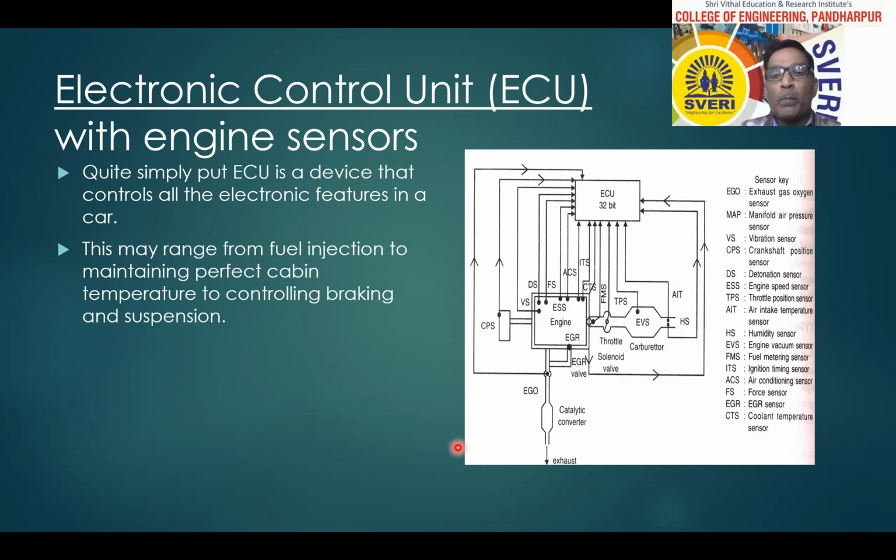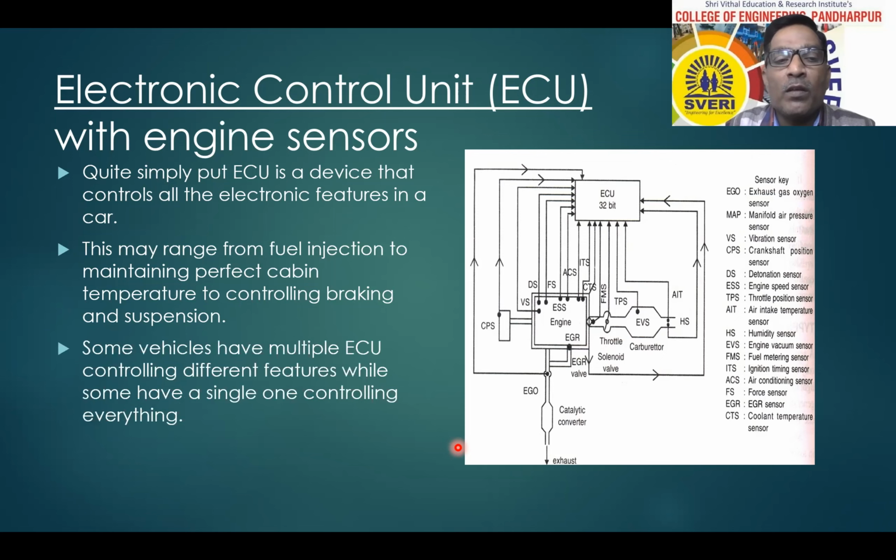Again, whatever additional features such as temperature control inside the cabin, then controlling the braking action, then providing different springing rate with respect to the suspension. For all these there will be sensors.